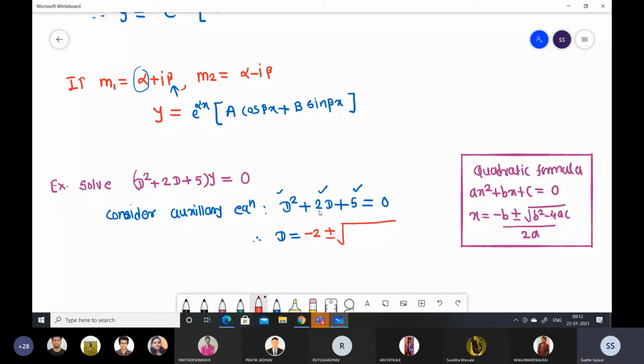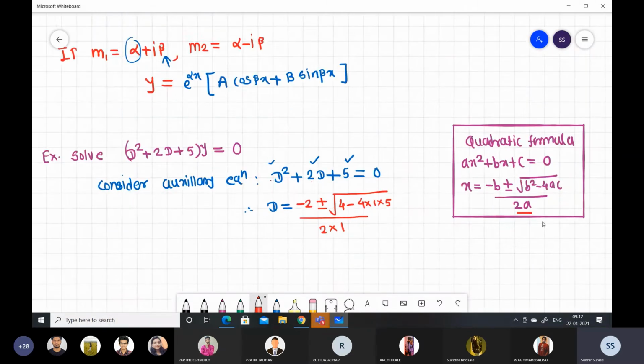What is b square? B square means 2 square, which is 4, minus 4ac, so 4 into 1 into 5, divided by 2 times 1. Why 2 times 1? Because it is 2 times a, so 2 times 1.